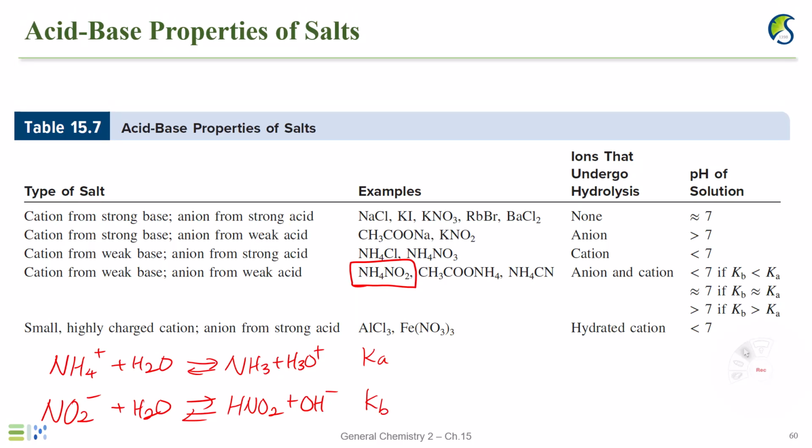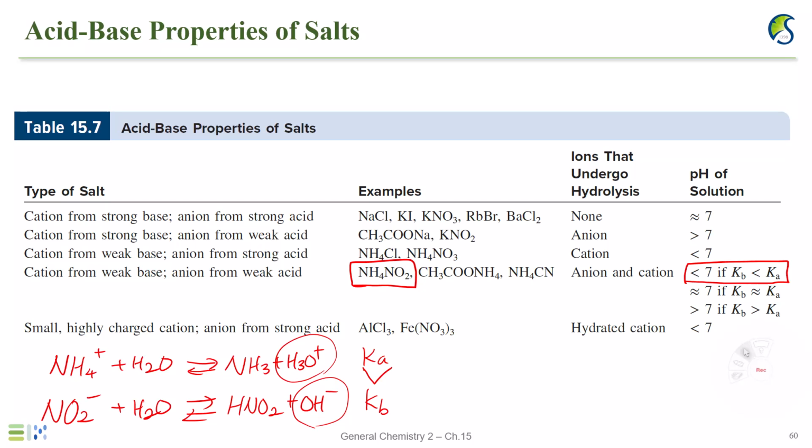So if the Ka is larger than Kb, then there is more H3O plus generated than OH minus. Then the solution becomes more acidic if the Ka is larger than Kb.